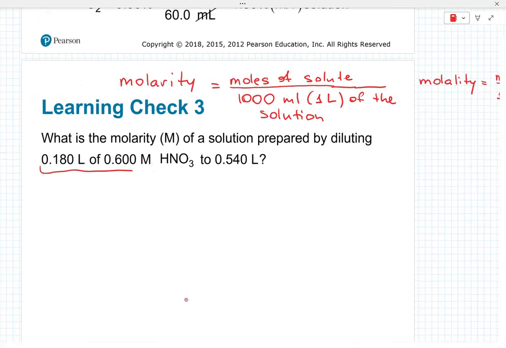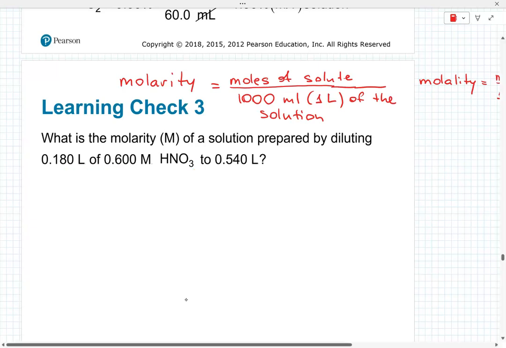So this is what you start with, okay? So this is V1, this is C1. Everybody understands this? Then you dilute it to V2. So the question is, what is C2?